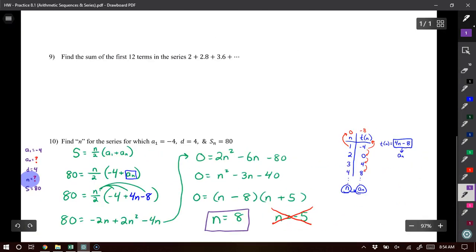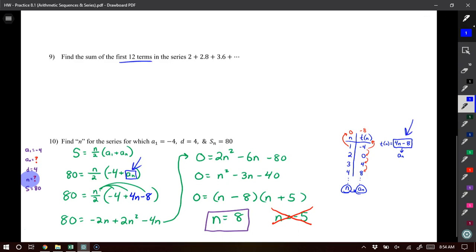This is the most complicated problem, but the process when it comes to solving it is similar to number 9. Except once you get to this point in number 9, you have the ability to plug in 12 and find this number. What number 10 does is it removes that ability and asks you to really treat it like a system of equations.